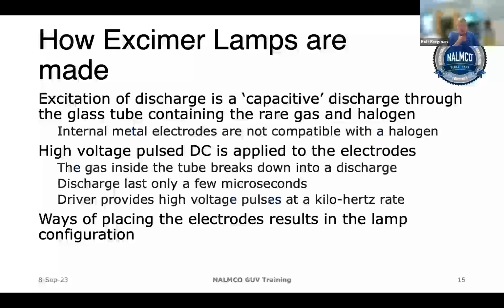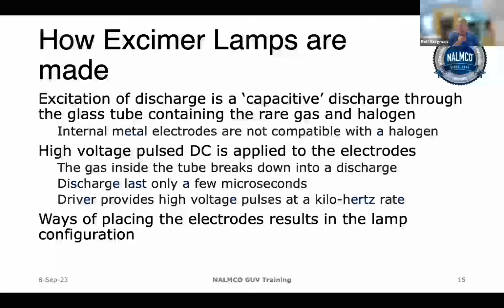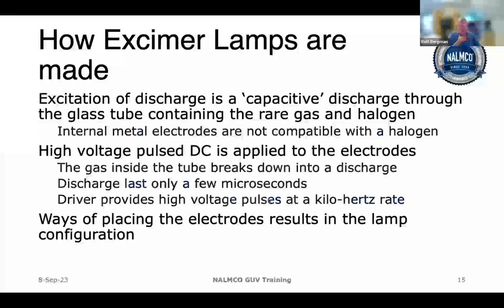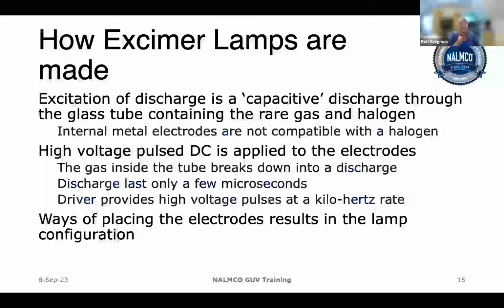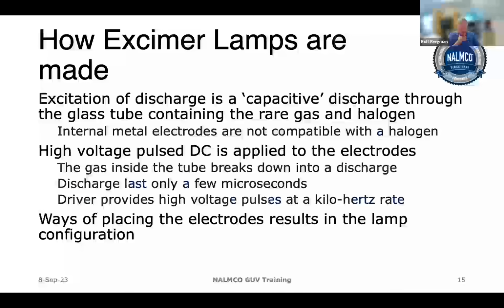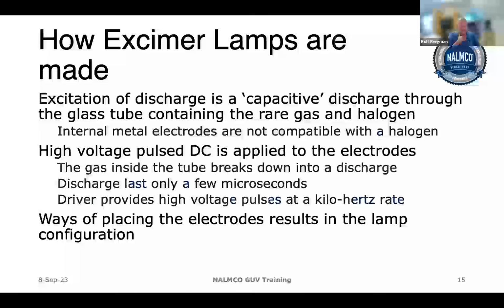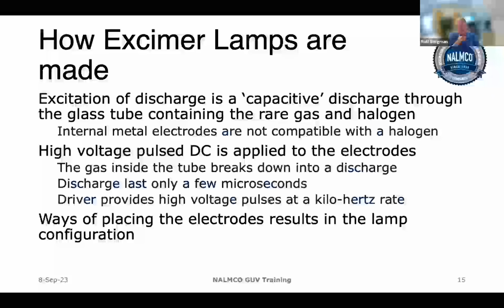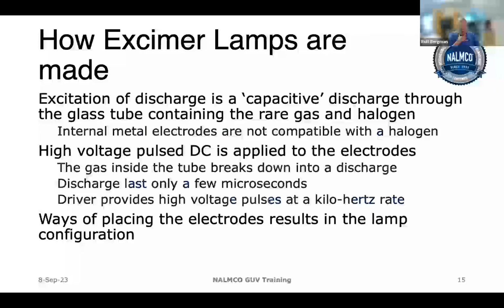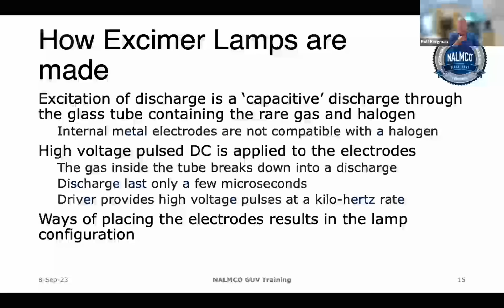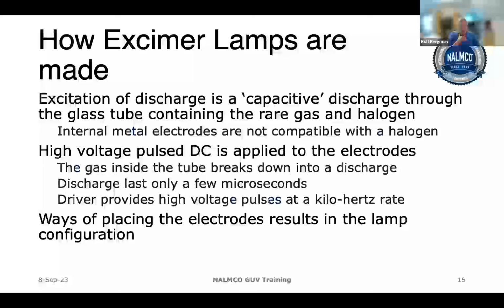When the voltage is enough across the electrodes to break down the gas, you get a large current spike. But because the charge is limited due to the capacitance of the glass, it only lasts a few microseconds. So the drivers for excimer lamps therefore provide very high frequency pulses of a few thousand volts minimum.